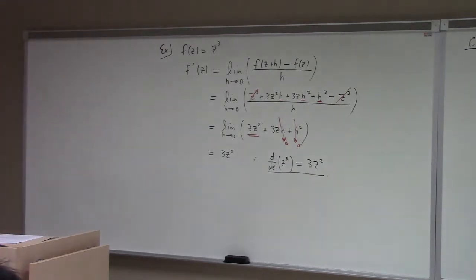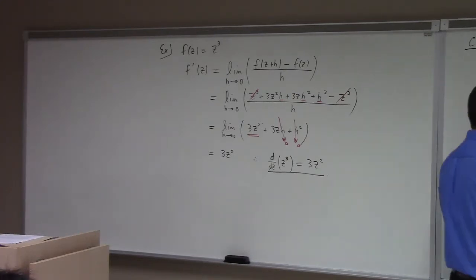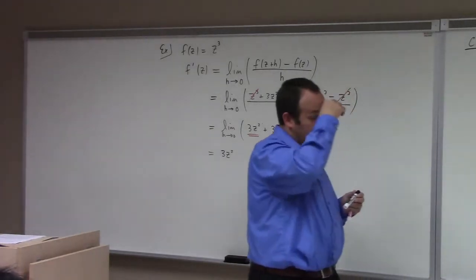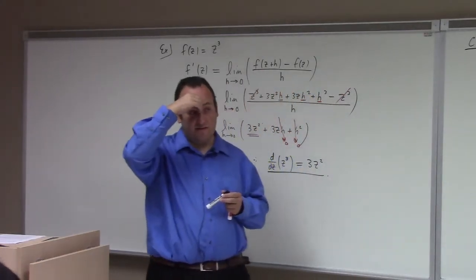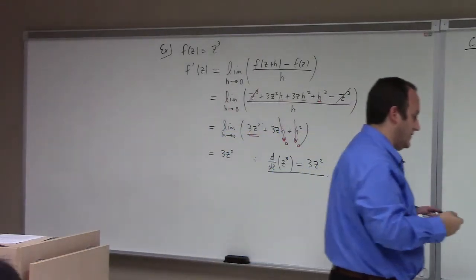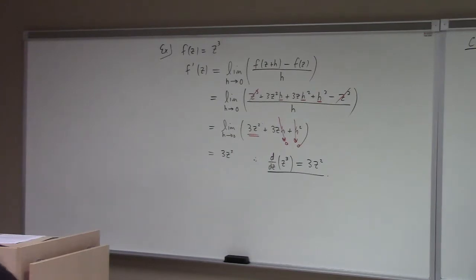So you got yourself a 3x squared y minus y cubed, at which point it is manifestly clear what the component functions are of my complex function, right? This is my u, this is my v, right?